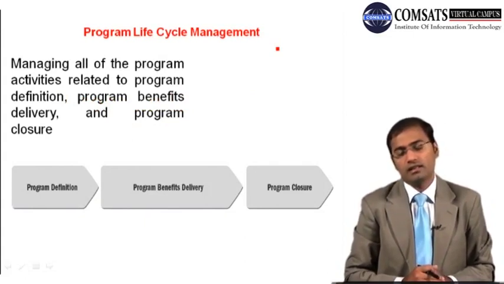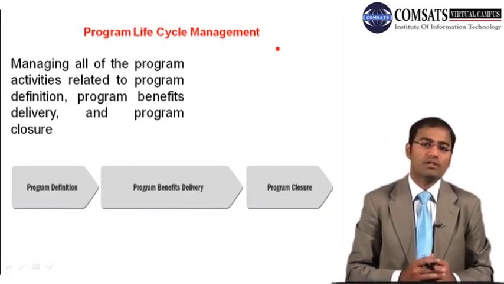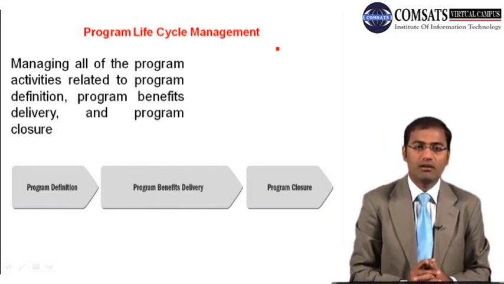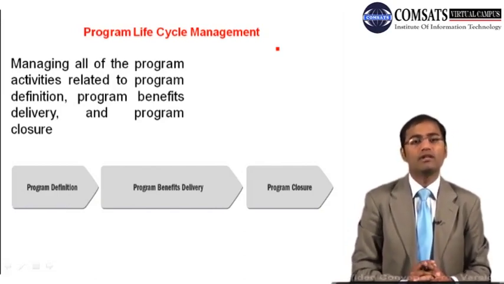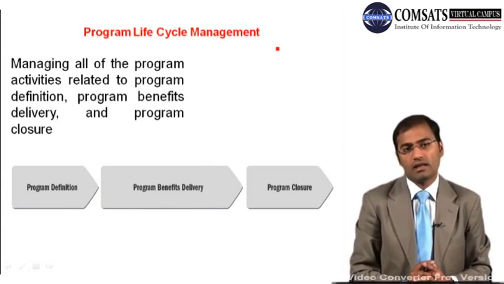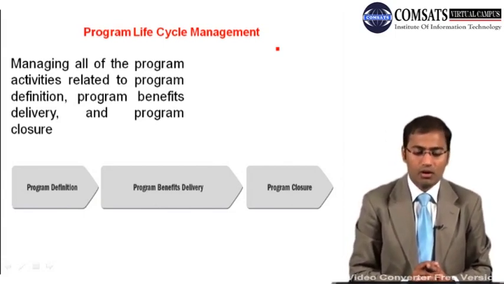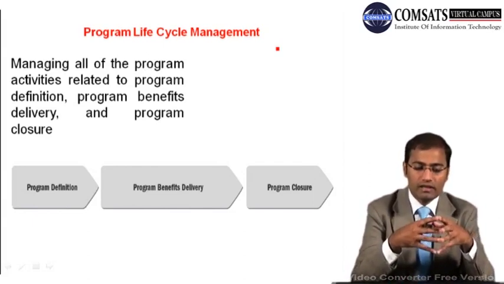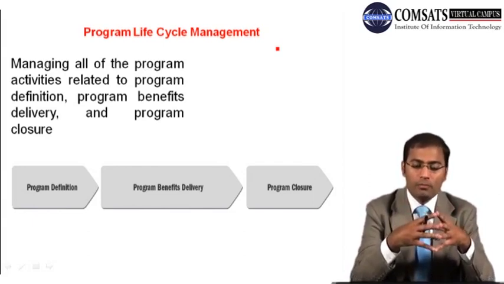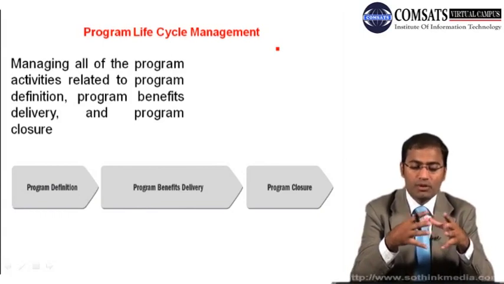It is just like the case we had with the project lifecycle. A project lifecycle may be comprised of different phases, and so is the case with the program lifecycle, and we need to manage these things. So we manage all of the program activities related to program definition, program benefits delivery, and program closure.